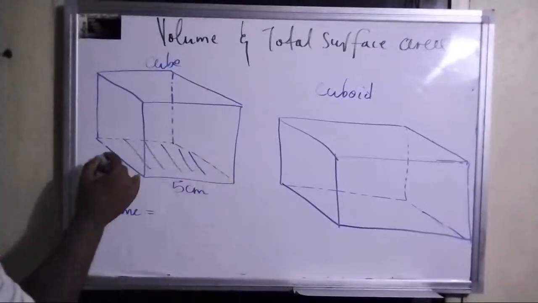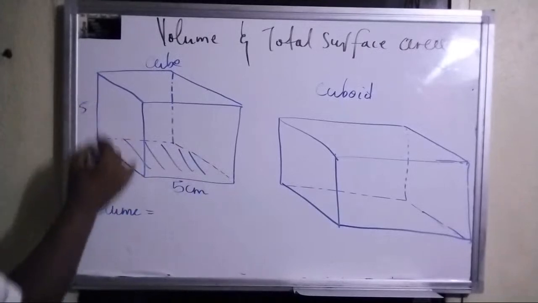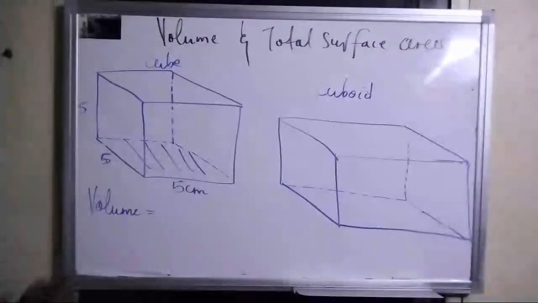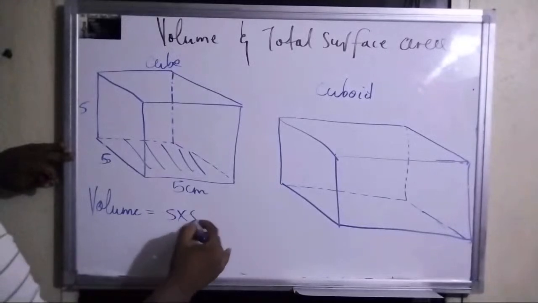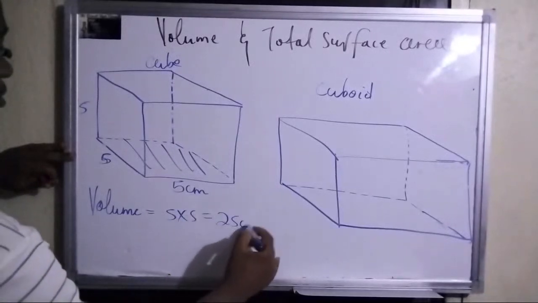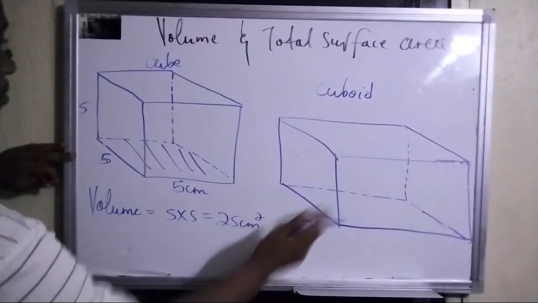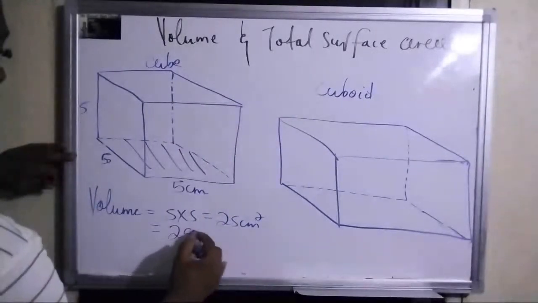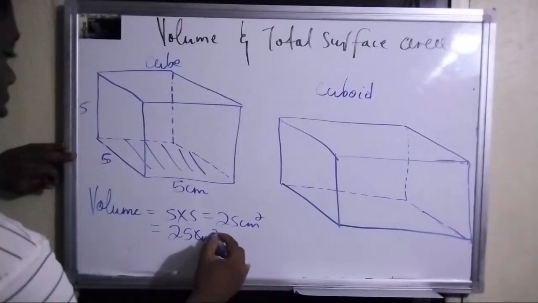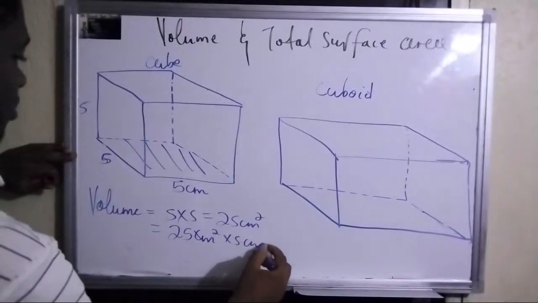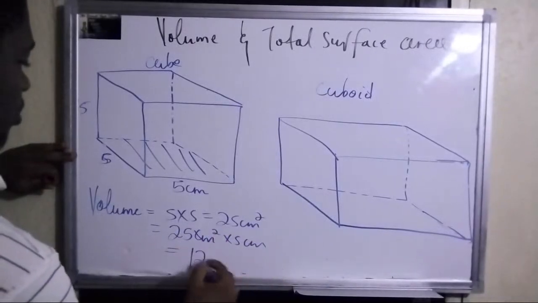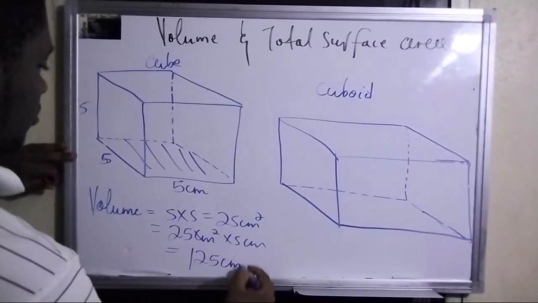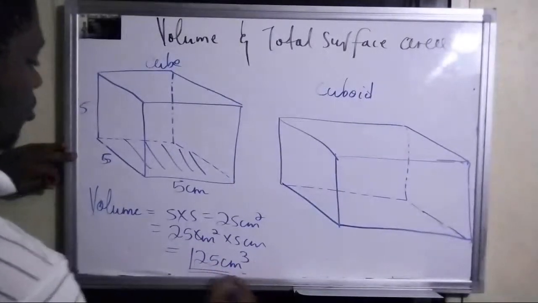Since it's a square, all of it is 5, so it would be 5 times 5, which is 25 centimeters square, times the height. So it will be 25 centimeters square times 5 centimeters, which is equal to 125 centimeters cube, and that would be the volume.